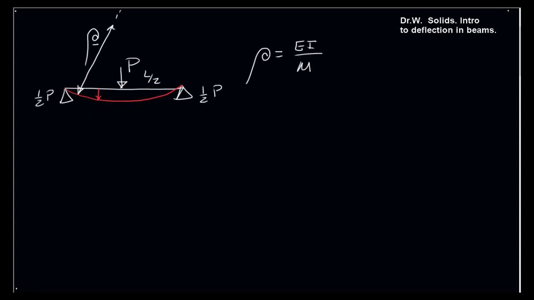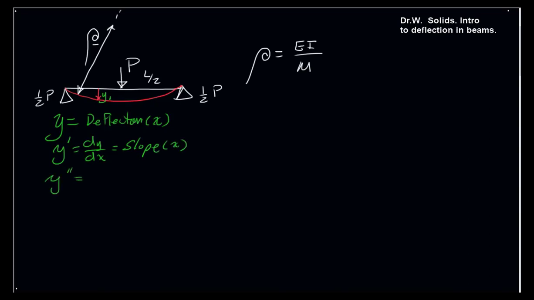So let's define y as a deflection, and it's at any given point here. So there's y. Y prime then, which is dy dx, will be the slope at any given point, and y double prime would be the concavity.